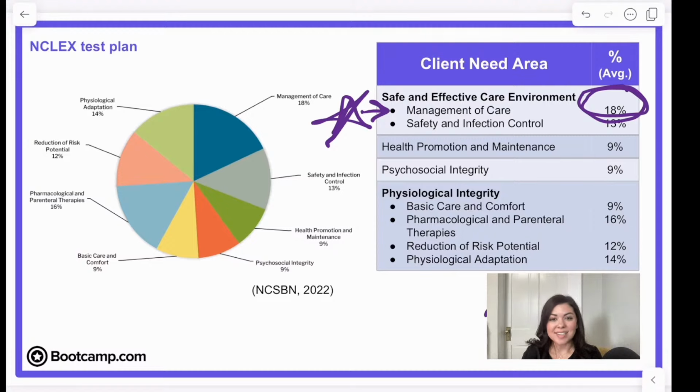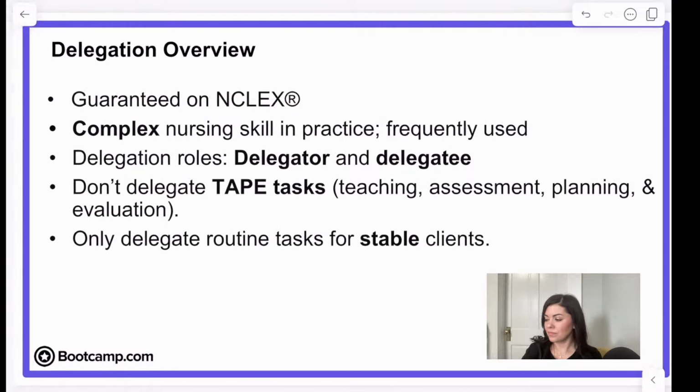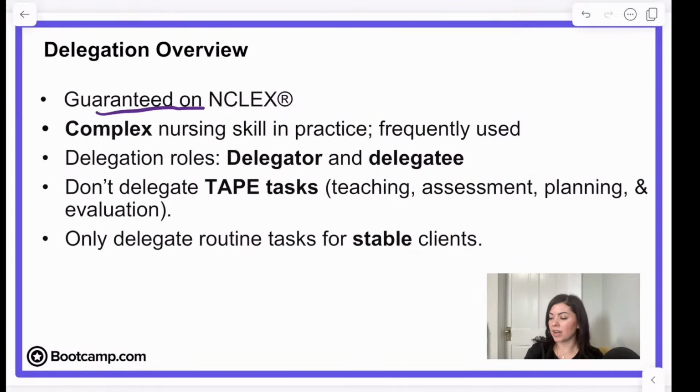So I say all that to say, I guarantee all of you guys that are going to take NCLEX tomorrow or over the next couple weeks, you will see at least one delegation item on that exam. So once again, guaranteed on NCLEX. And you might be wondering why. Well, even though we think of delegation sometimes as just asking somebody to perform a task, it is actually one of the most complex nursing skills we use.